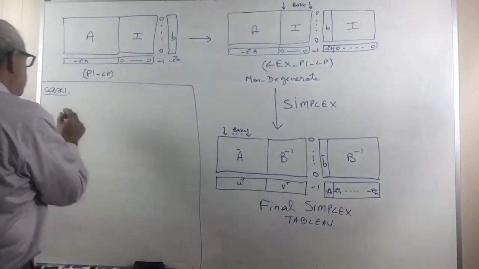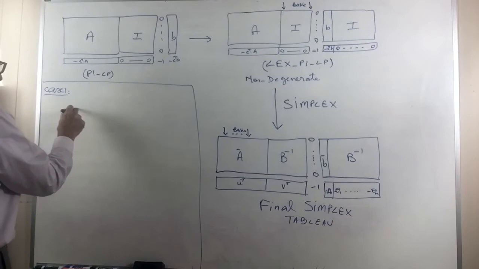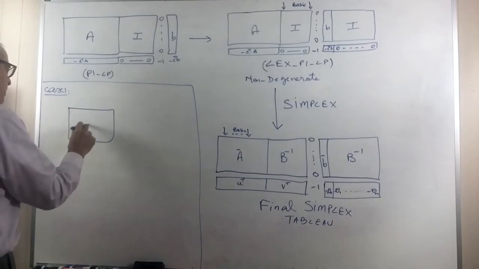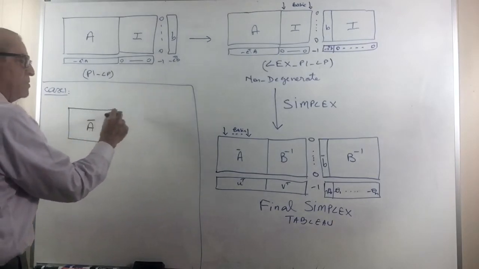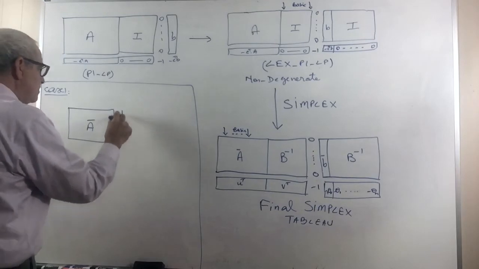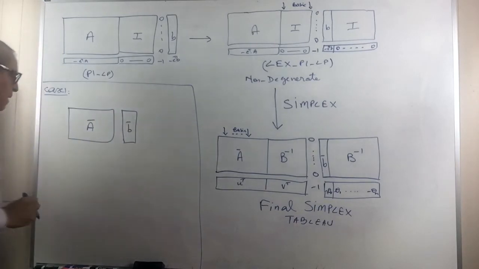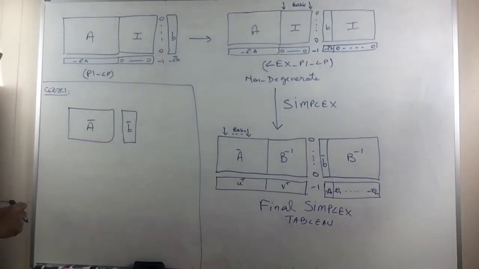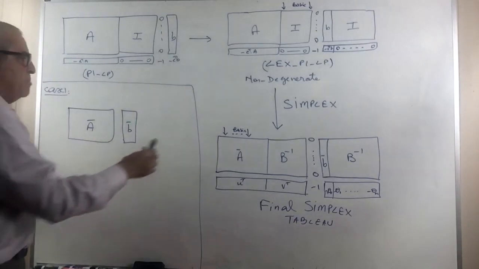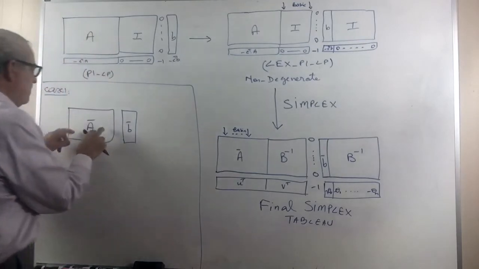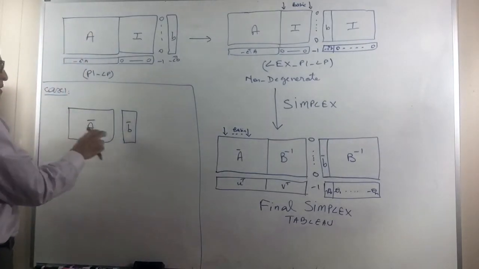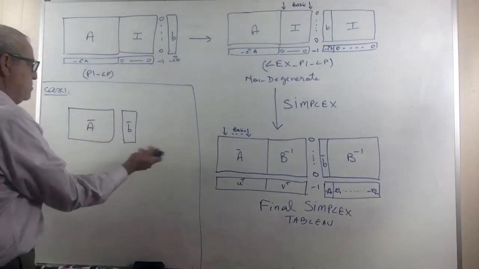Why? Because I'm going to take A bar, and I'll take B bar, and then in here, of course, since the basic variables are in here, I have the identity matrix in here, and the B bar is greater or equal to 0. That's good.